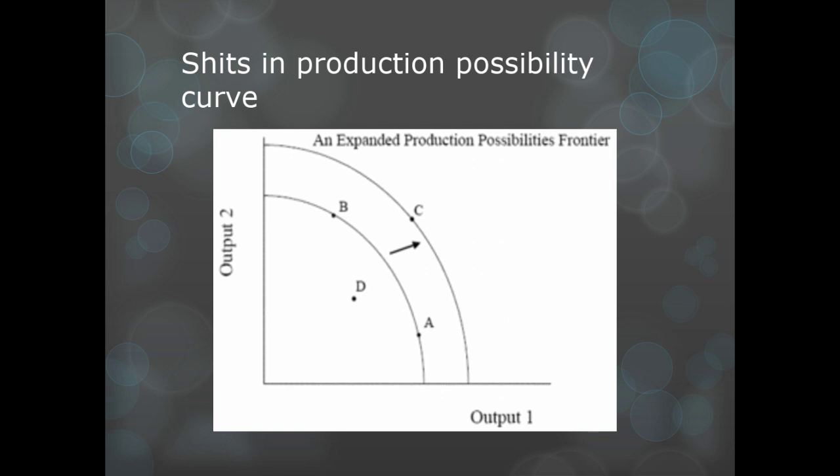Any advancement in technology, any advancement in the quality of the labor force, or importing some new skills in production will help the economy shift the production possibility frontier from the initial one to a new one, a forward shift.